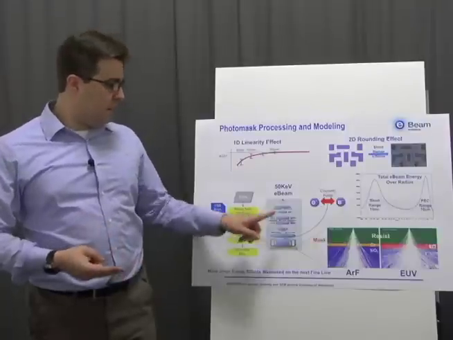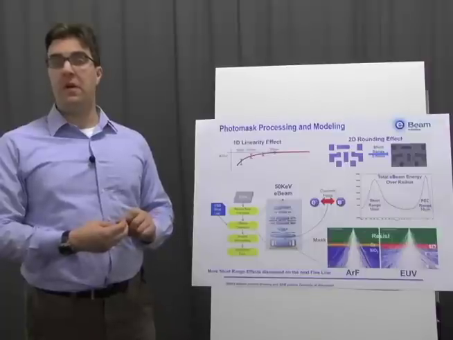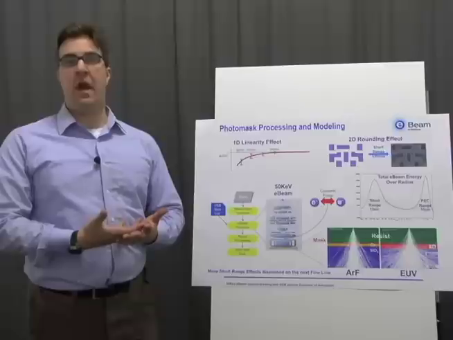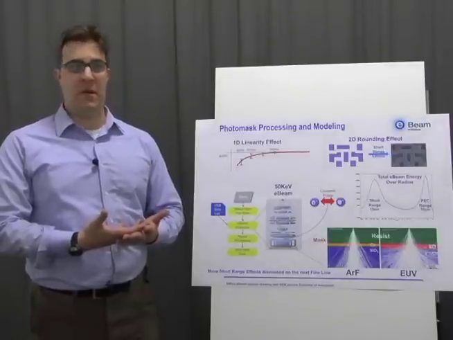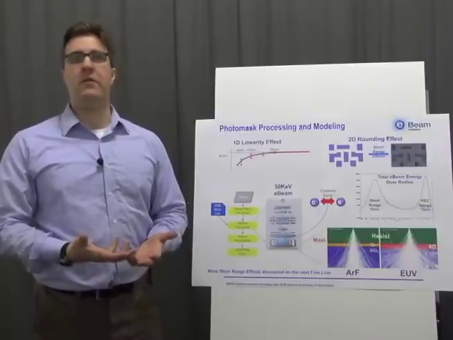What happens with fogging is electrons from this eBeam tool will reflect off the top of the resist itself and go back into the vacuum of the tool. And then, for lack of a better word, these things scatter around off of the sides of the tool and many other things and essentially form a fog of electrons above the resist.